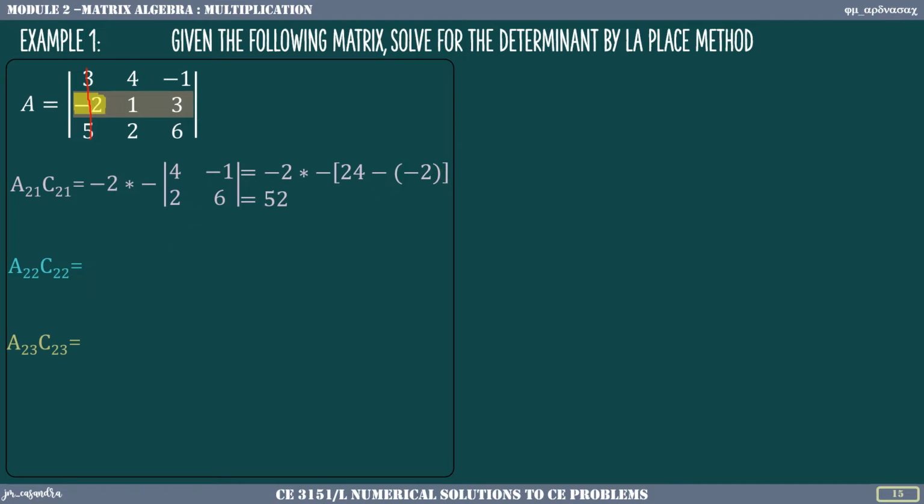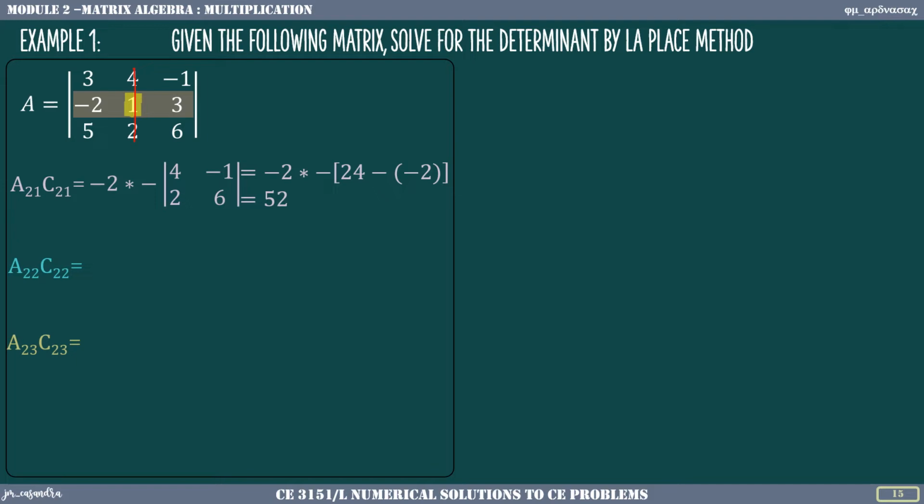So let's move to the next element. We have A22, which is equal to 1, and its cofactor will be determined by eliminating the row and column of A22.